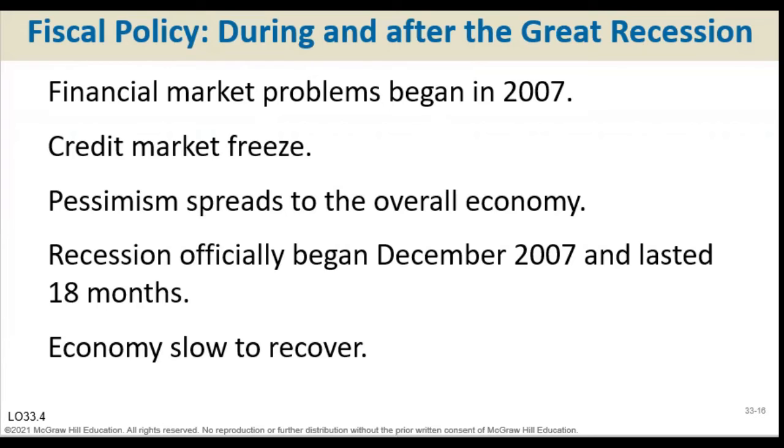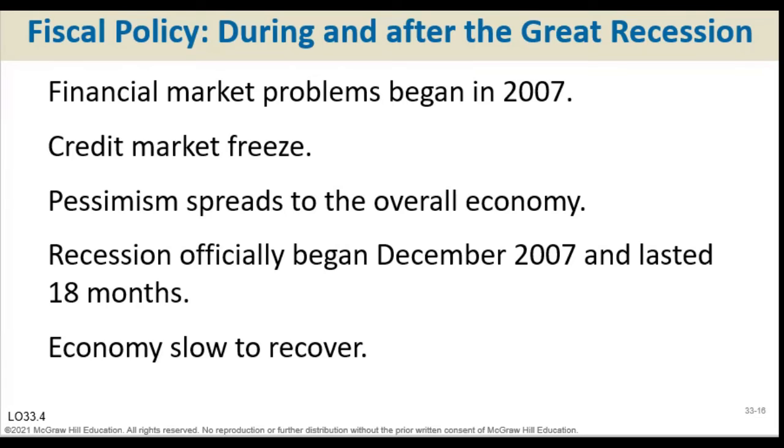This package didn't work to stimulate the economy as a whole. So a year later, in 2009, the American Recovery and Reinvestment Act was enacted and consisted of 787 billion of tax rebates and a large amount of government spending.